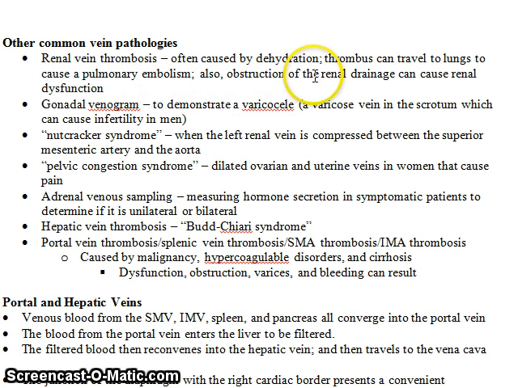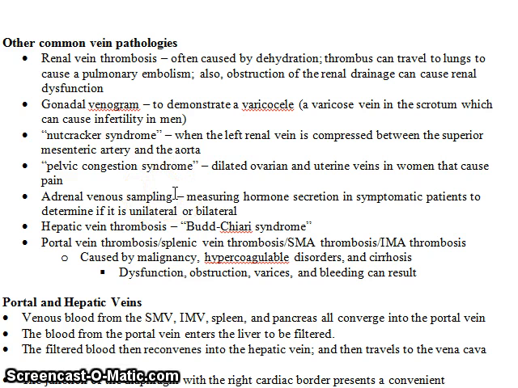Also, obstruction of renal drainage, meaning the venous drainage, can cause renal dysfunction, again, renal failure. Varicocele, I have a picture of that. Nutcracker syndrome, I have a picture of that. Pelvic congestion, yes.